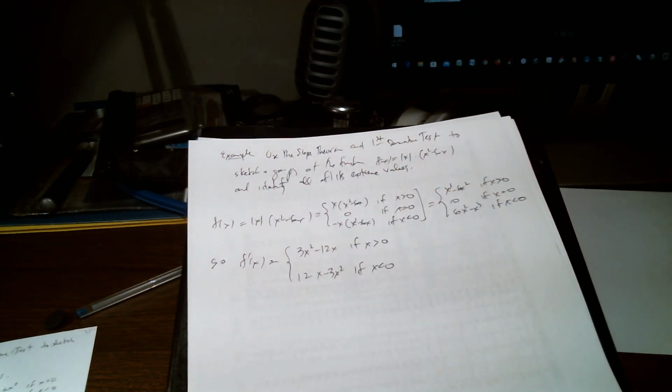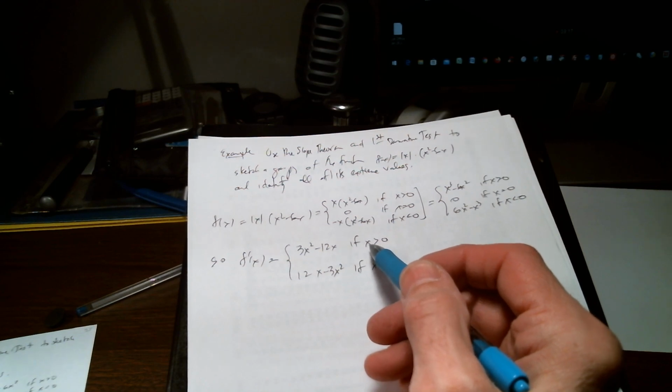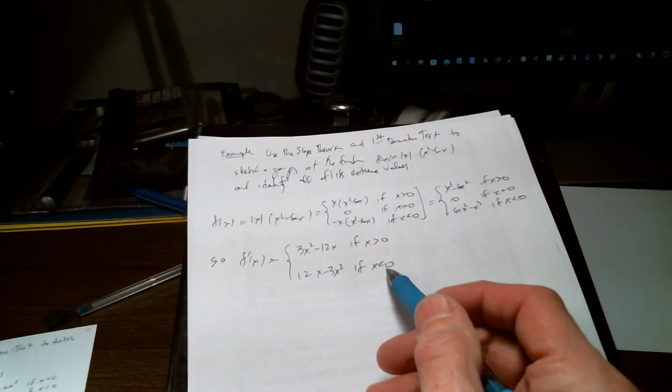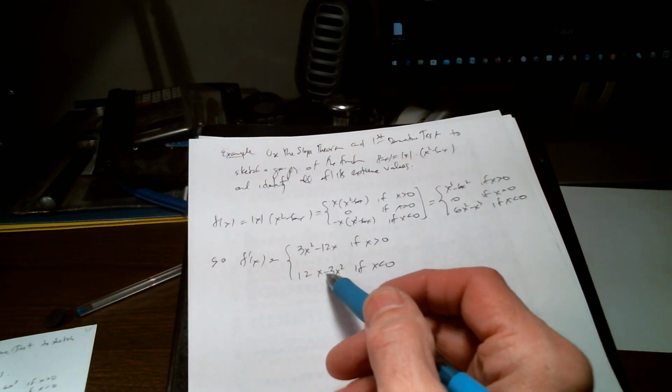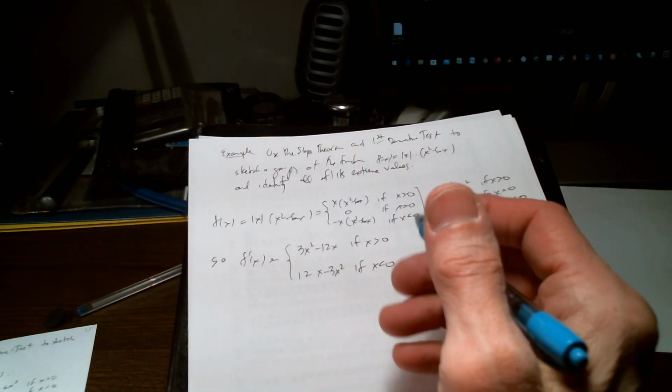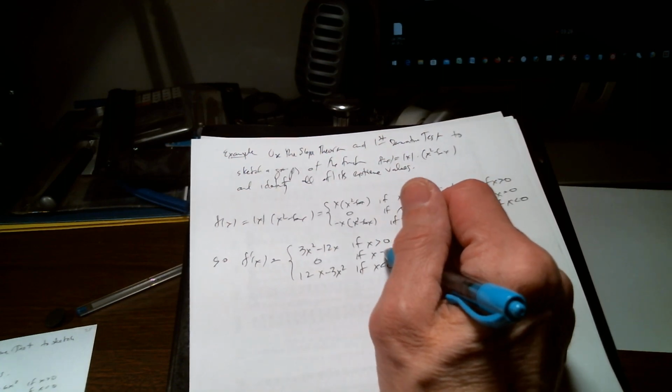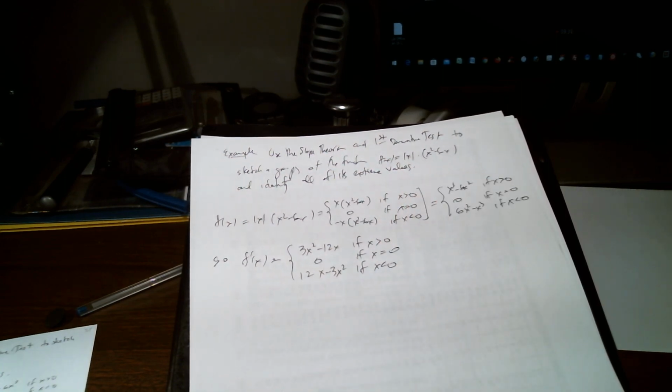Okay, and so we see that as x converges to 0 from the right side, f prime of x converges to 0, and as x tends to 0 from the left, f prime of x also approaches 0. So the derivative would be 0, in fact, if x equals 0.